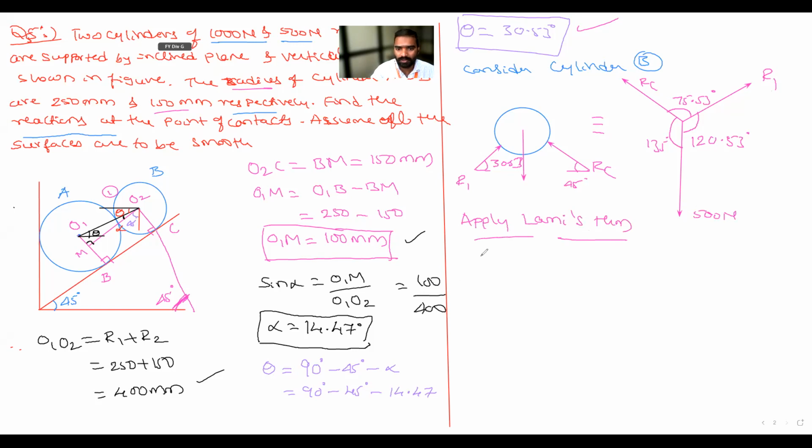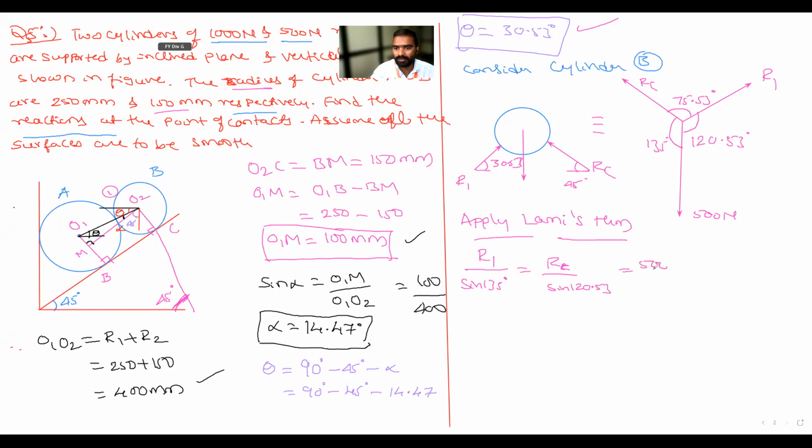First one R1. R1 divided by sin 135. Next RC divided by sin 120.53. Next, weight W.